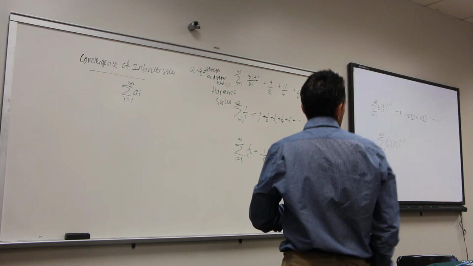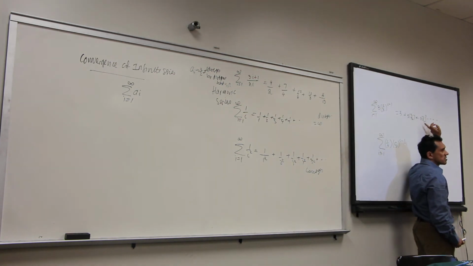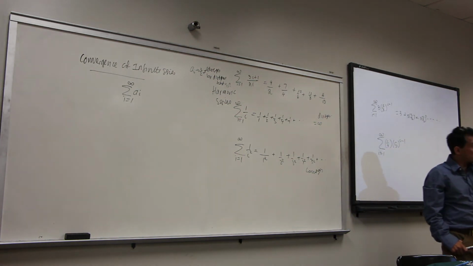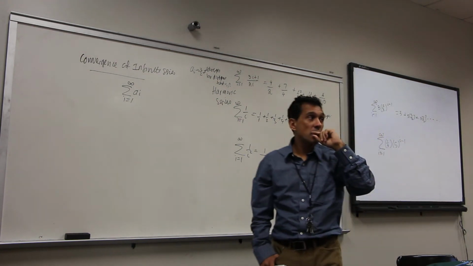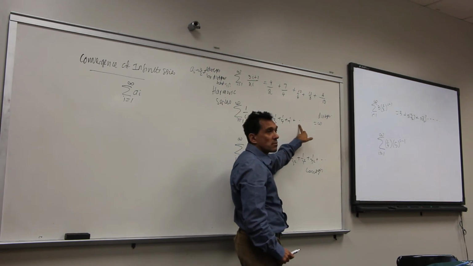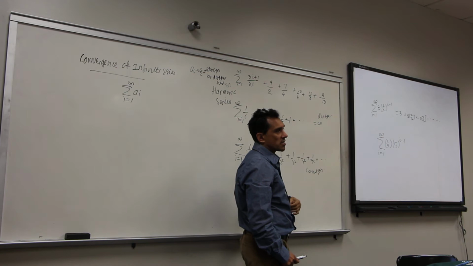Here the terms are going to 0 because you are multiplying by 2/3 and 2/3 and 2/3. So you can add them all up, provided they go to 0 fast enough. Well, here are the terms that are going to 0, but what is the problem? They're not going to 0 fast enough.